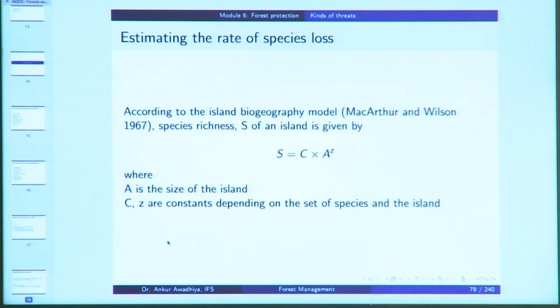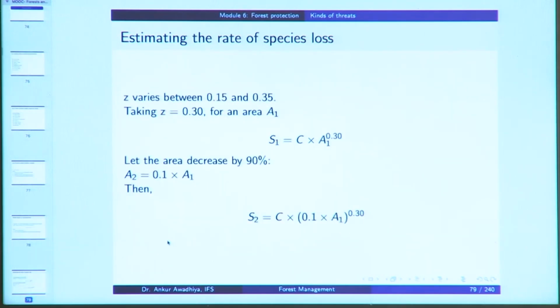Next, we saw how to estimate the rate of species loss using the island biogeography model, in which case S, or the species richness, is given by C, a constant of proportionality, times A, or the size of the island, to the power of Z, which is another constant that varies in different locations, and the values are typically between 0.15 and 0.35.